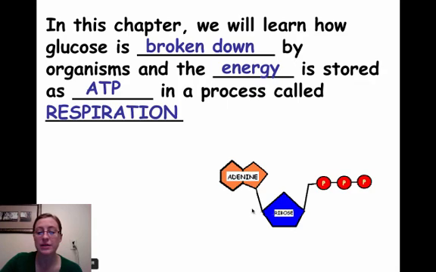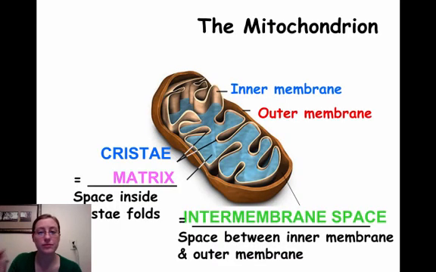It has an adenine here, a ribose, and it has 3 phosphate groups on there. And remember, when we are ripping off one of these phosphates, that's how we release energy, and it breaks the ATP down into ADP. Then when we receive energy, like from glucose, we're able to store it in those ATP molecules until we need to use them for certain processes.